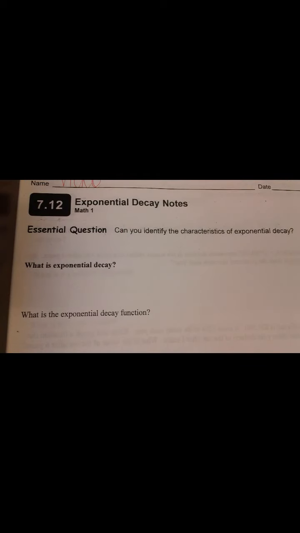Okay, 8th graders, today we're talking about can you identify the characteristics of exponential decay?